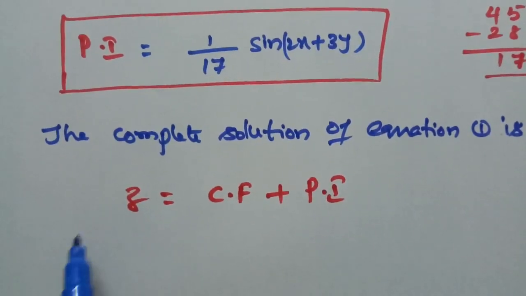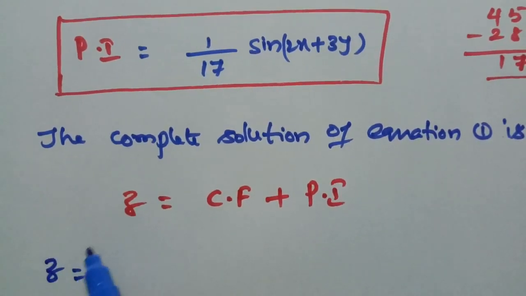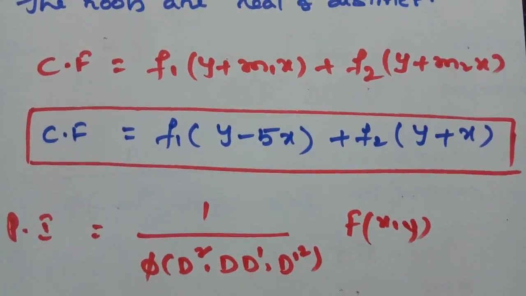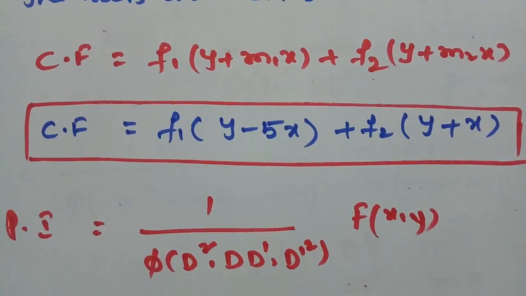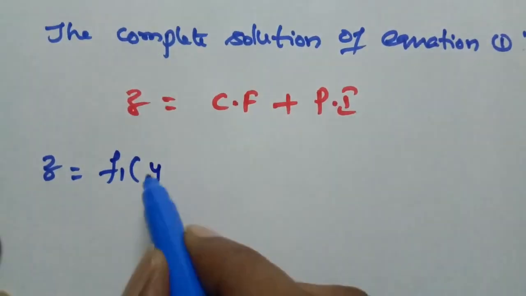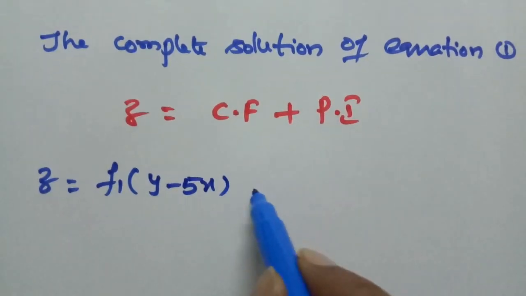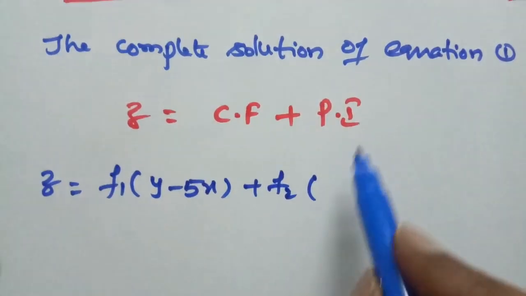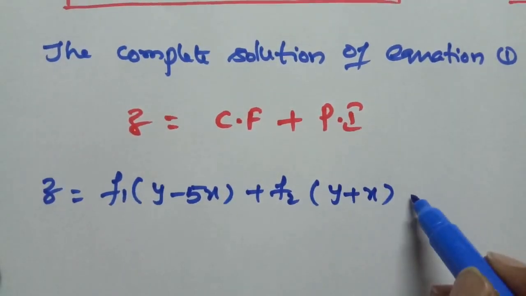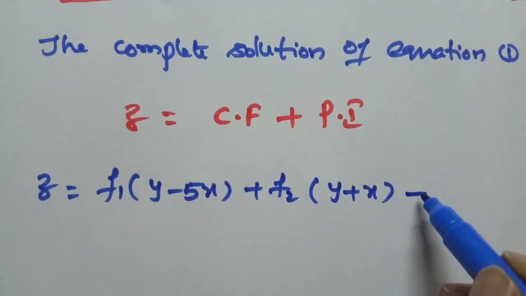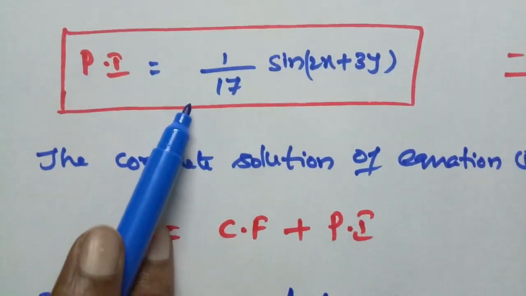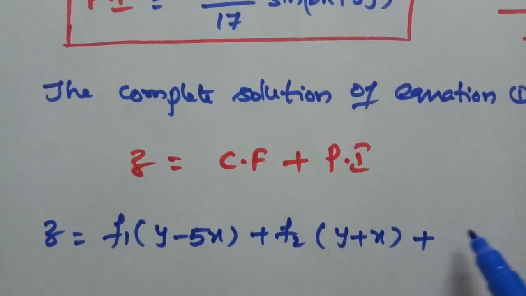Therefore, z is equal to complementary function, CF is equal to f1 of y minus 5x plus f2 of y plus x, plus 1 by 17 into sine of 2x plus 3y.